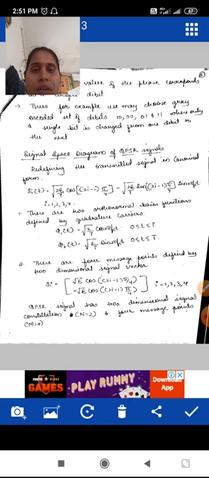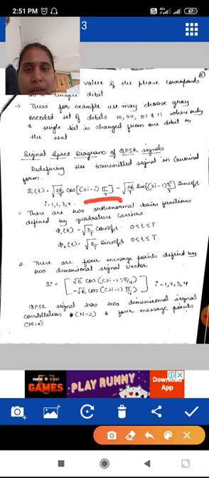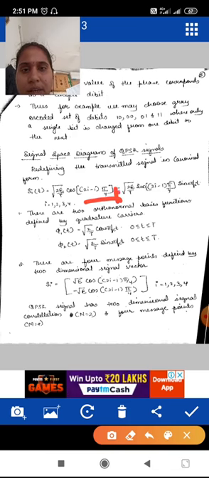Now when you see this equation, phi 1 of t is equal to root of 2 by T cos 2 pi fct, so this cos 2 pi fct should come here.